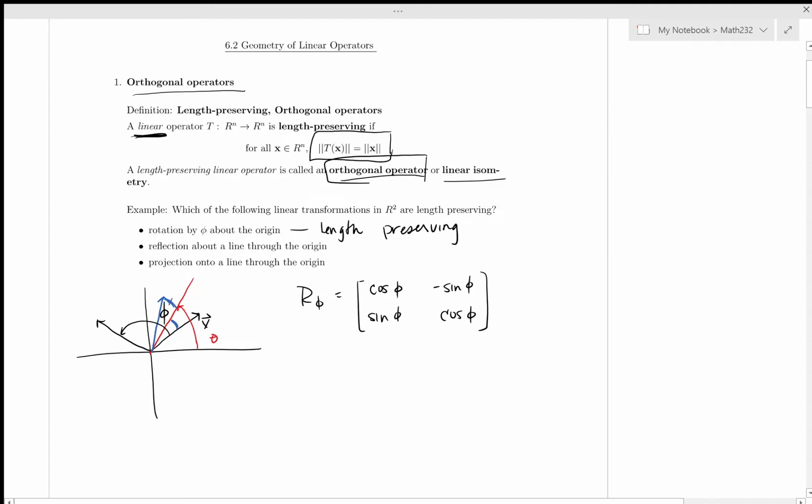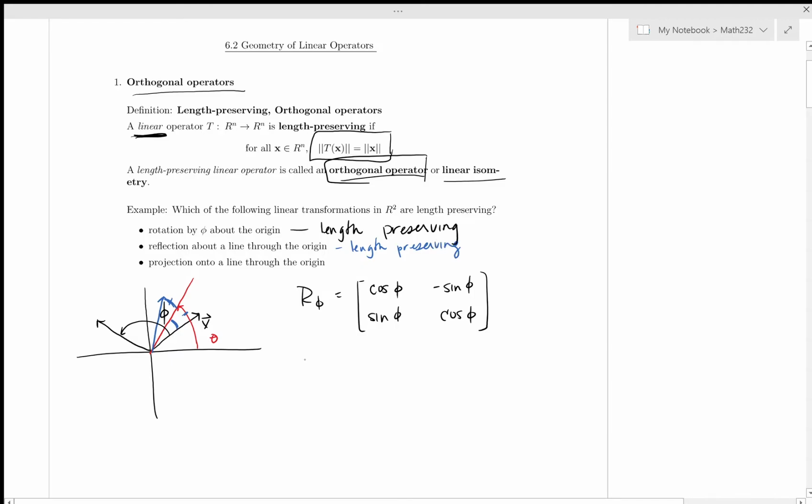This angle here and this angle here are the same. So I'm going to reflect x about that red line. That is a reflection. You can see I've taken the vector and reflected it over. There is no change to the length. So reflection is also length preserving.